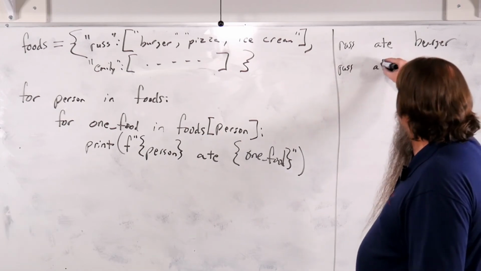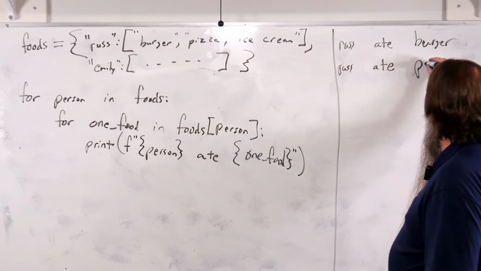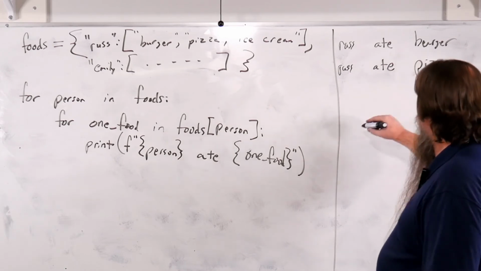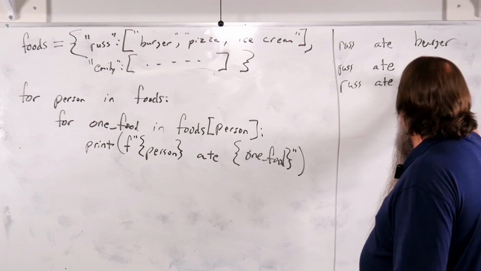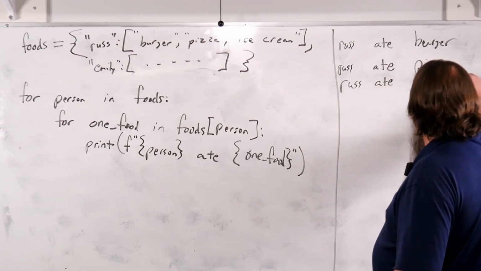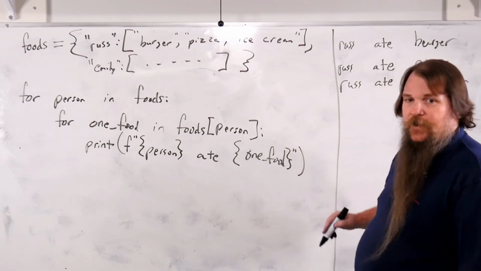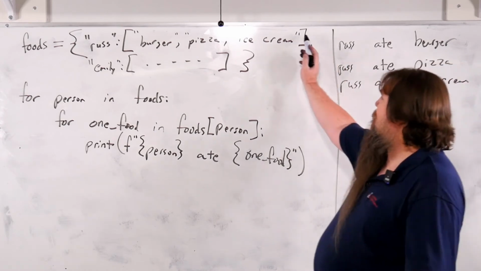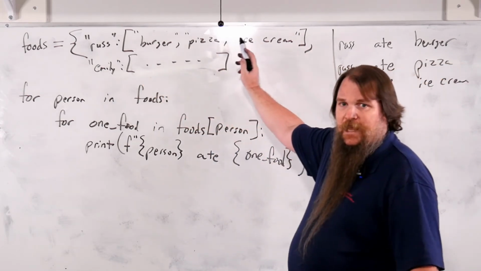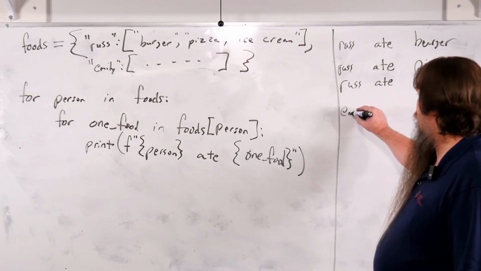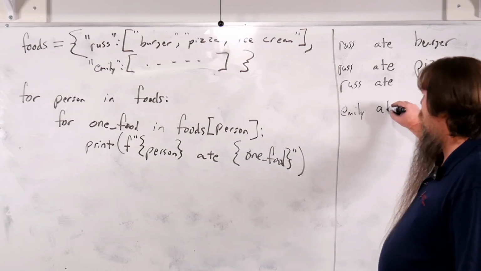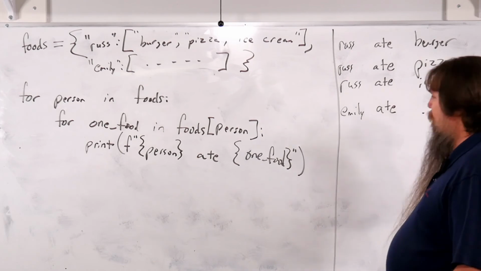Russ ate pizza. Russ ate ice cream. And now that it's gone through this entire array inside the dictionary, it's now going to go to Emily ate whatever Emily ate.